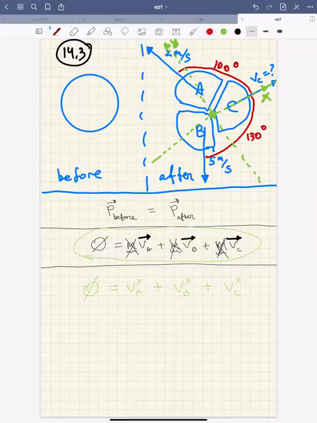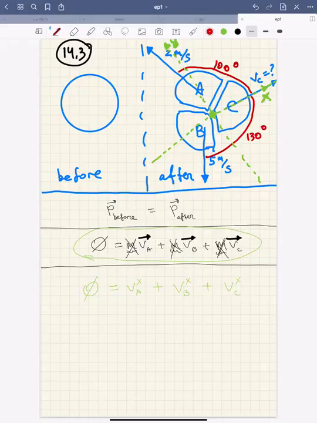Let's start with velocity a. Actually, I don't need to do any trig because they tell me what the angles are. Velocity A makes a 100-degree angle with the x-axis. Velocity B makes 130 degrees with respect to the x-axis.